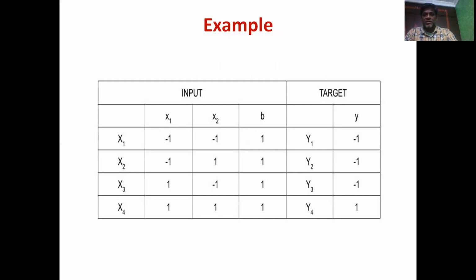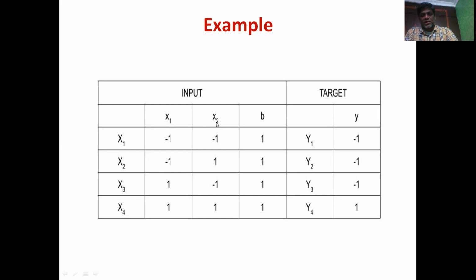I'm considering a simple example here that resembles an AND gate. We need to understand this table first. The first vector is x1, -1, -1, 1, which will become the first input vector, where small x1 is going to be the first input, small x2 is going to be the second input.